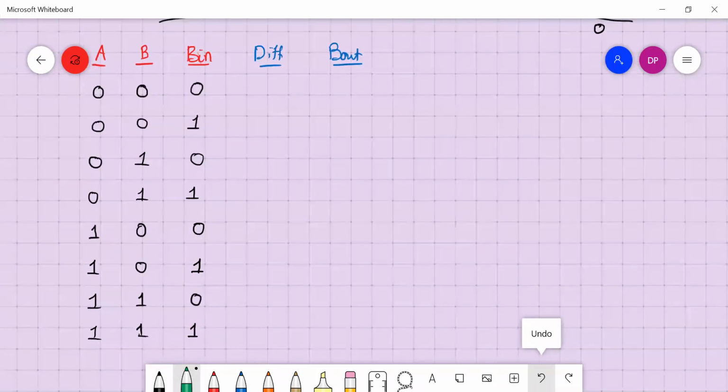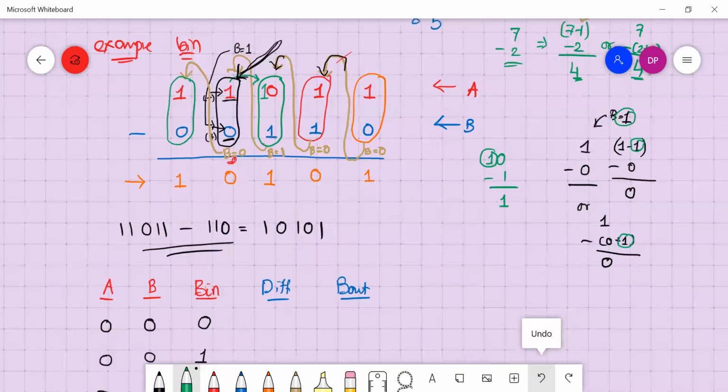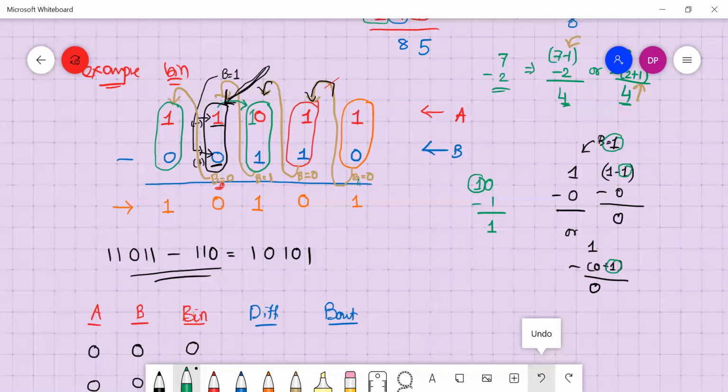See this table, all of you. This is previous borrow, B in. If previous borrow is 0, this is the current subtraction I'm taking. This previous borrow is 0, subtraction as it is.